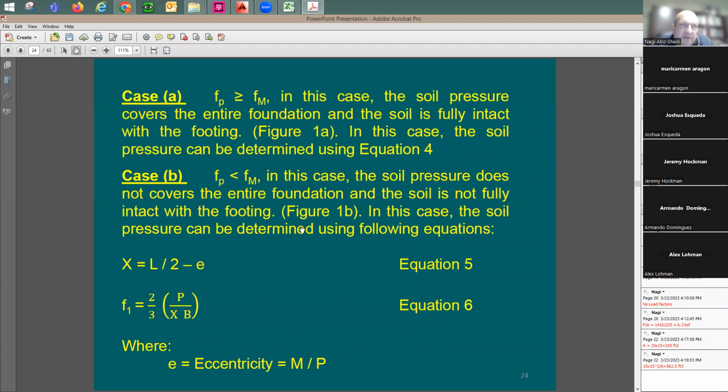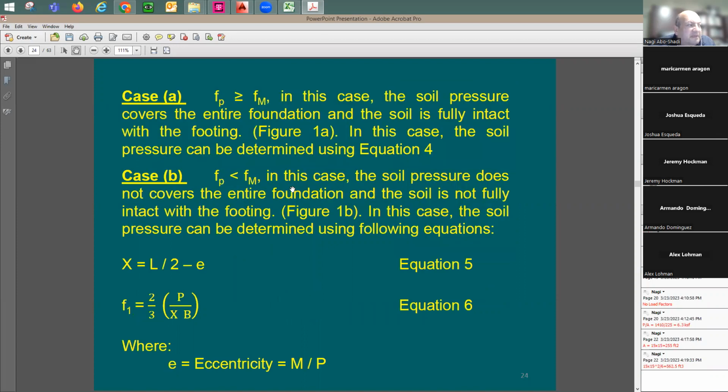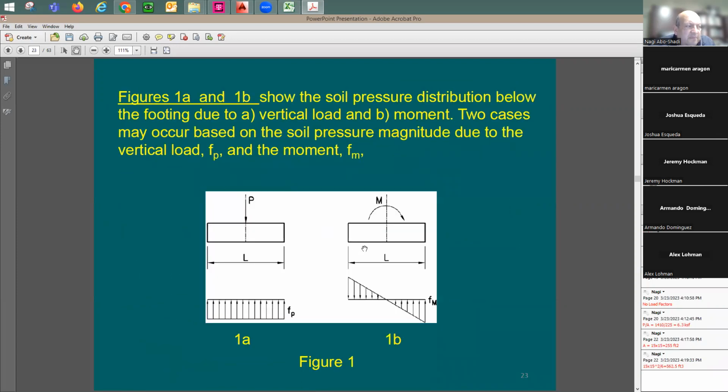So in value, if F sub P is going to be greater than F sub M, you're going to have lots of compression, like in this case. The pressure is going to be additive on one side. Additive means, if I may come back here, I can throw an example here if you guys like.